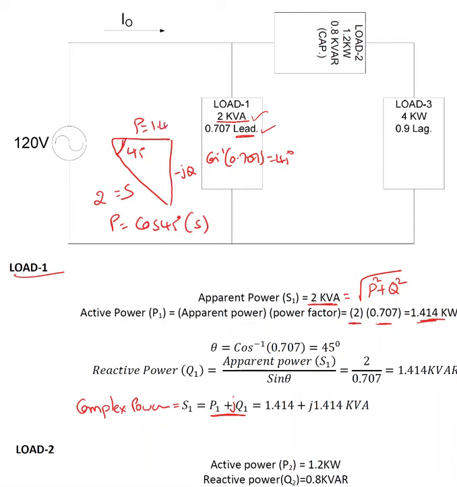The Q value: Q equals sine 45 times S, and you end up with the same thing, 1.414 kVAR, kilovolt ampere reactive. Since this is negative, this must be negative there. I don't know why I put positive there. Whenever you see a leading power factor, that is supplying Q, so it must be a negative value.